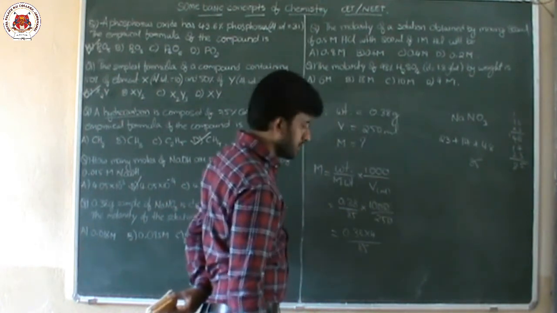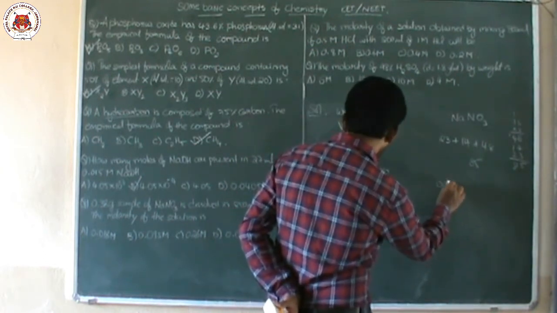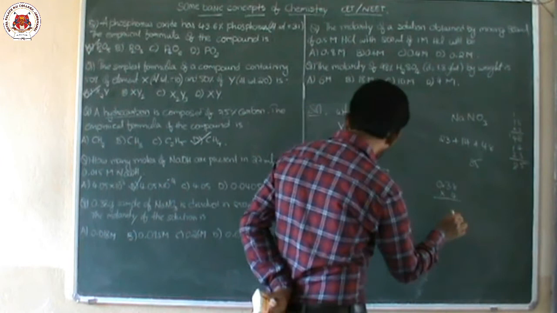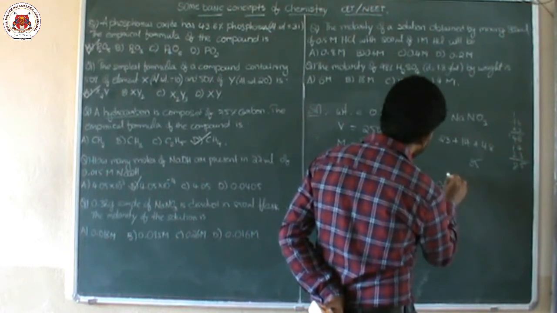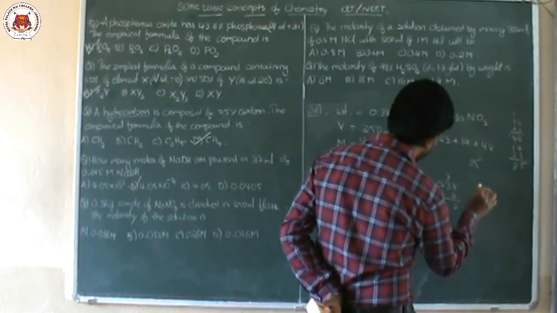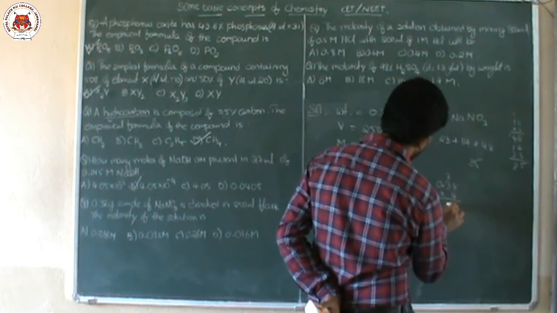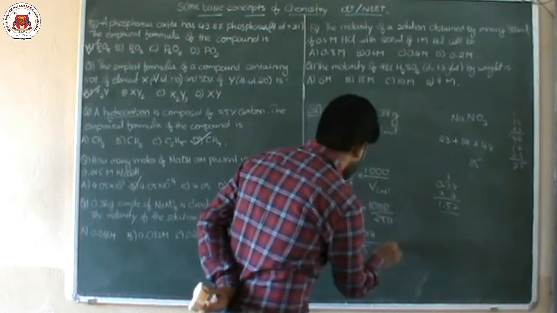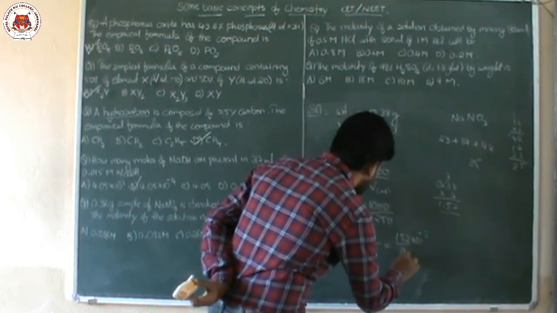If you do 0.38 into 4, it is 1.52. 1.52 can be written as 152 into 10 raised to minus 2, and this is divided by 85.